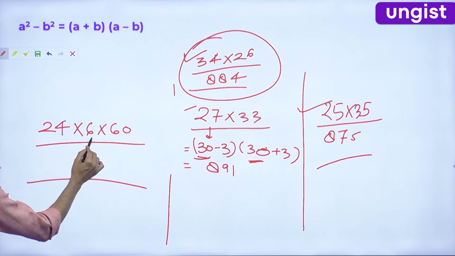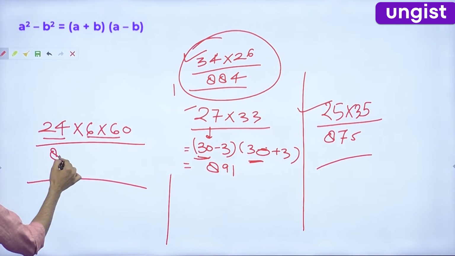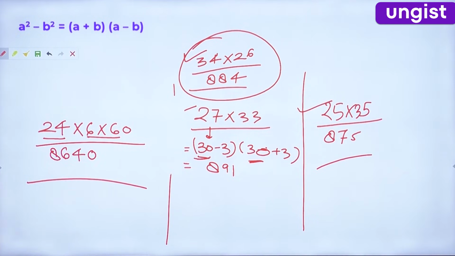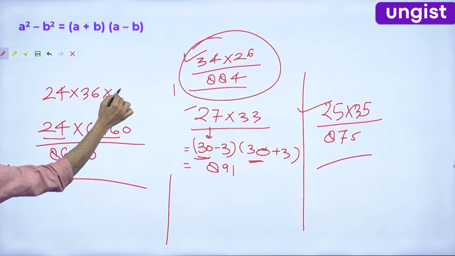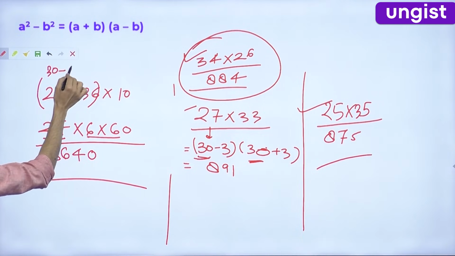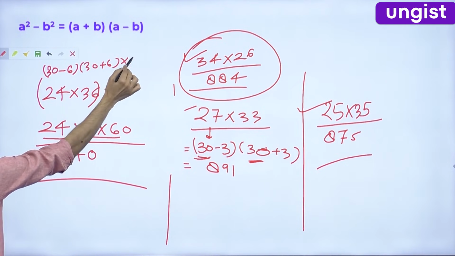Right? Because this is 24 into 36. So 900 minus 6 square. Right? 900. Sorry, 900. I'm sorry. 900 minus 6 square. So it is 864 and then 10. Friends, any doubt? Because this will become 24 into 36 into 10. Okay? So this is 30 minus 6 into 30 plus 6 into 10.